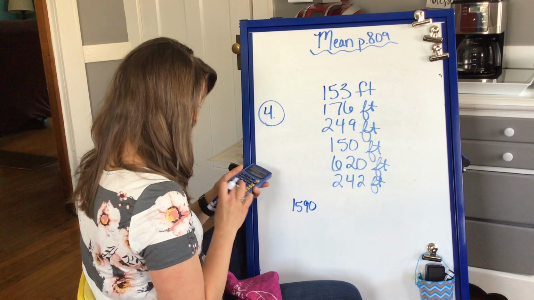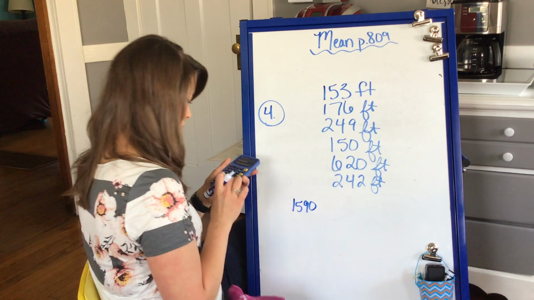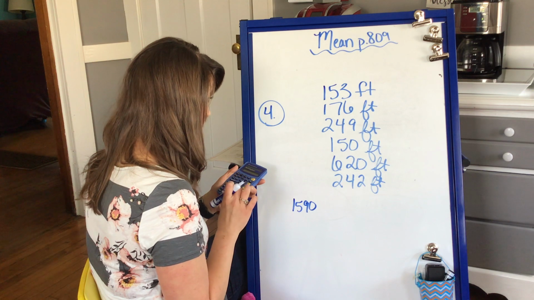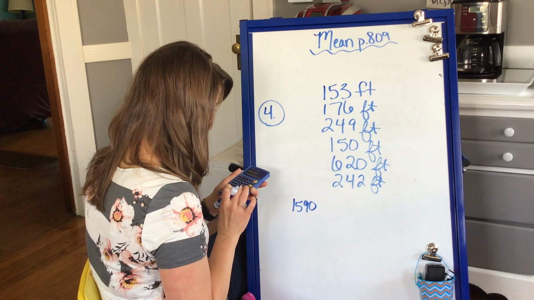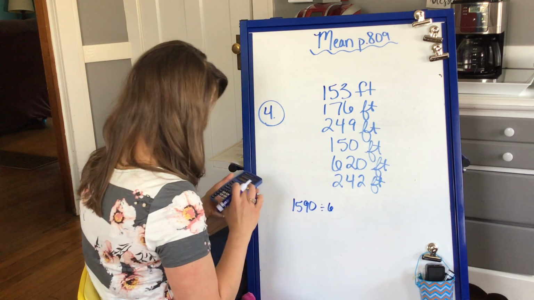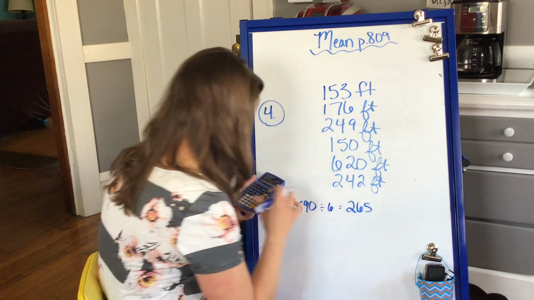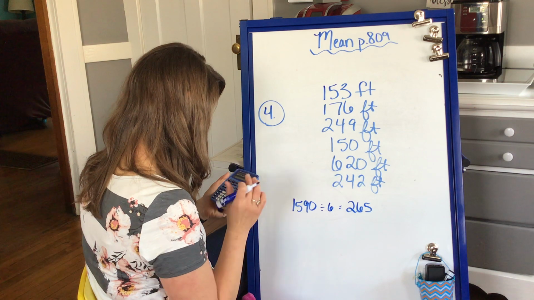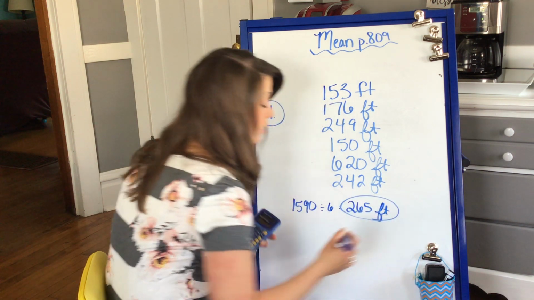All right, we're going to do it one more time. 153 plus 176 plus 249 plus 150 plus 620 plus 242. I got 1590 again, so we're good. And I have 6 numbers, so I'm going to divide by 6. And that would give me exactly 265. Do one more time, 1590 divided by 6. And I get 265. My label would be feet.